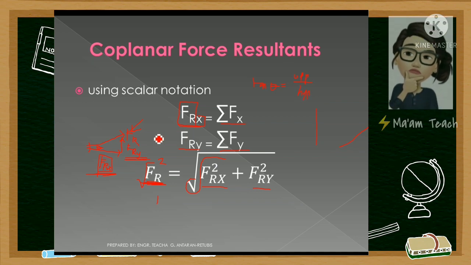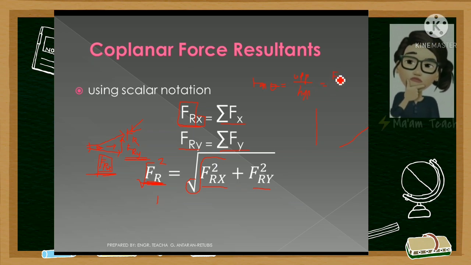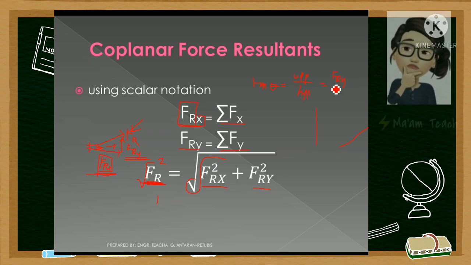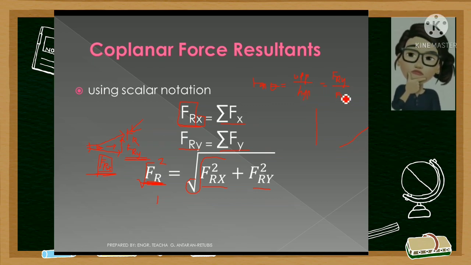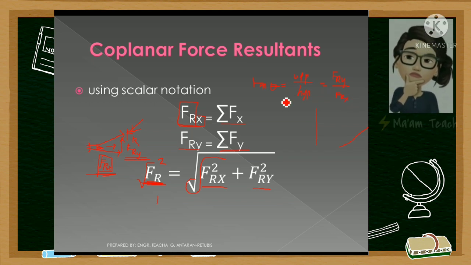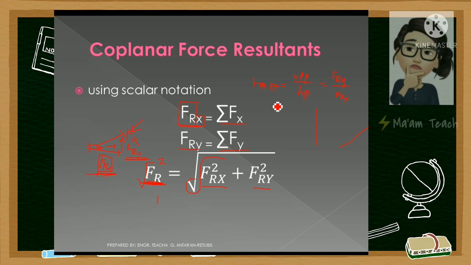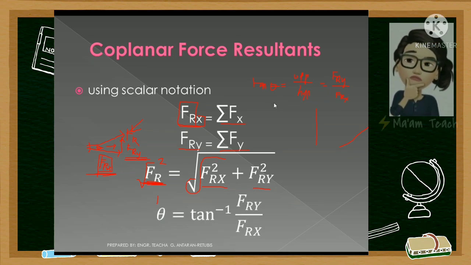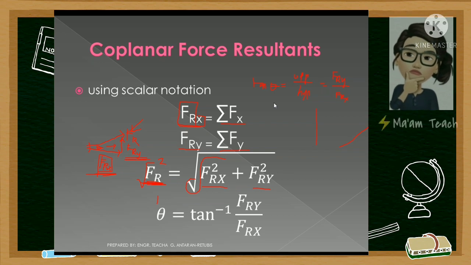In this case, what is your opposite side? Opposite is your fry. And your adjacent is what? frx. Okay? So in order for you to solve for the theta, you will simply get the arctangent of the expression fry over frx.